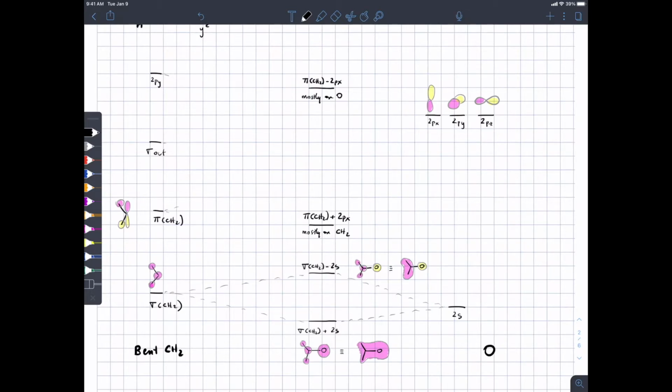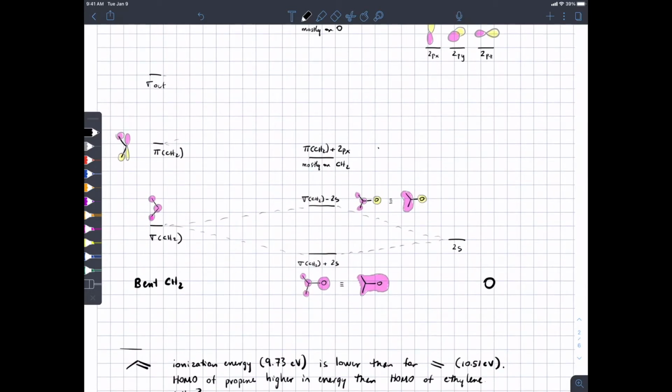Okay, fair enough. Let's draw how that looks. We'll draw a slightly smaller lobe there. We would have side-by-side in-phase overlap.